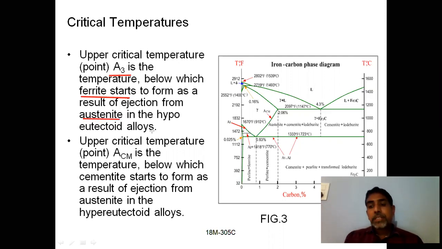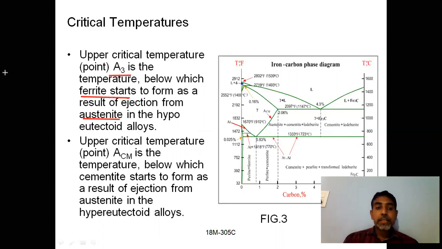So you just remember what will happen at A3. Your ferrite starts forming from austenite in the hypoeutectoid steels. So in the hypoeutectoid steels, what is happening at A3? Ferrite forms from austenite. You remember that point, that's enough.